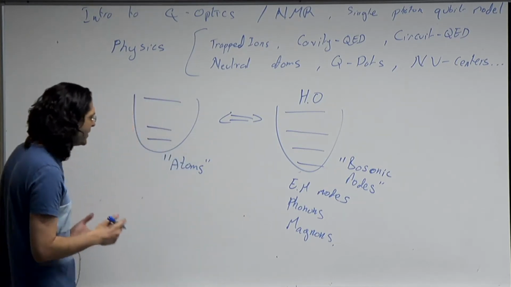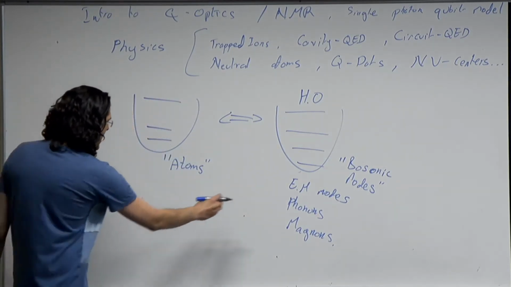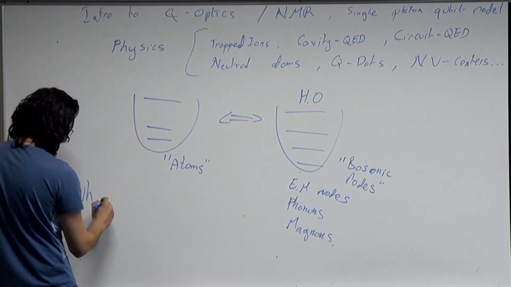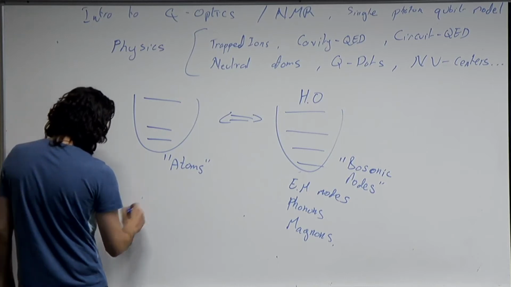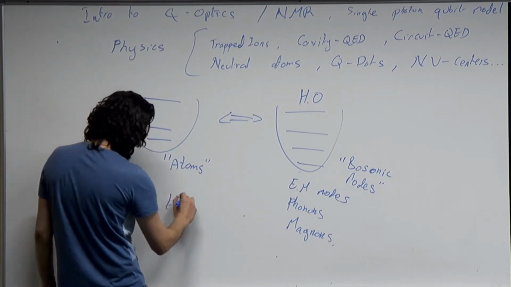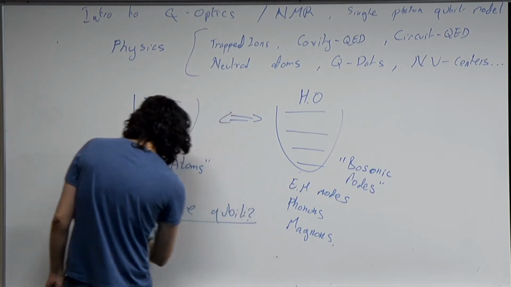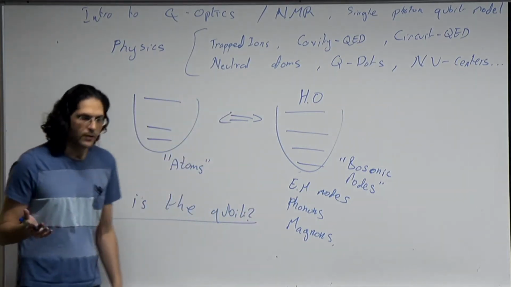We were talking about a qubit. Yes, a qubit. And at this point, we want to ask the simple question: what is the qubit? We want to realize a qubit now.